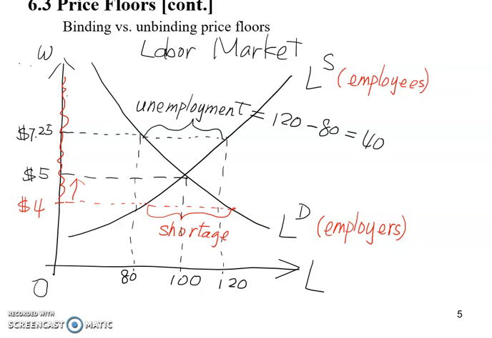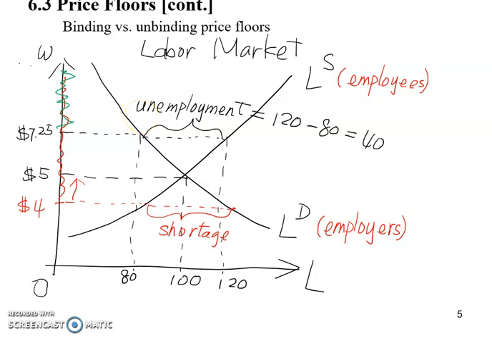Now, this is quite different when we look at $7.25, because over there only $7.25 and above are legal. You cannot go below to reach the equilibrium point. That's why the surplus or unemployment would exist.